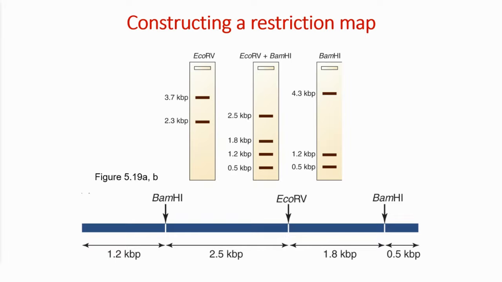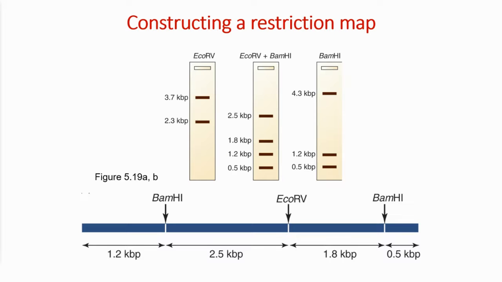For this question, we will begin with EcoRV. You see the 3.7 and 2.3. First of all, 3.7 plus 2.3 is 6.0, so that means the linear DNA size is 6.0 kilobase. Then you draw a linear line, and 2 fragments means 1 site.